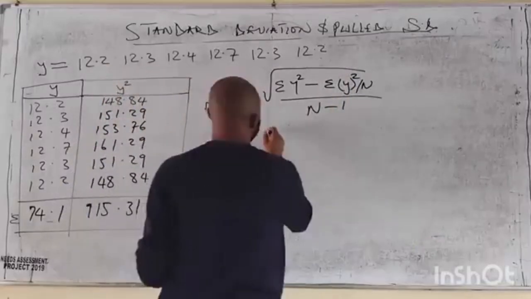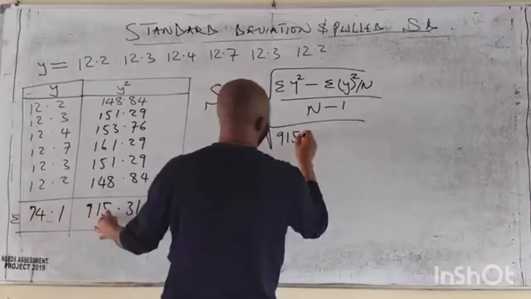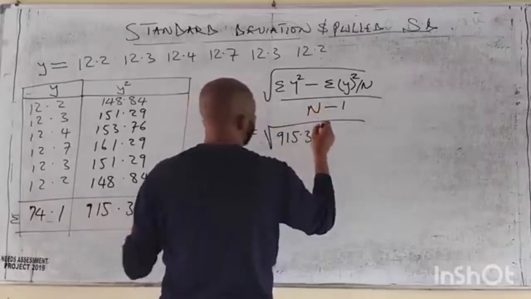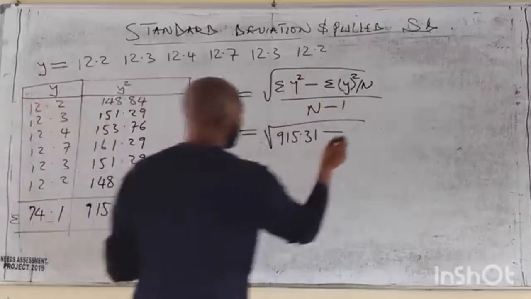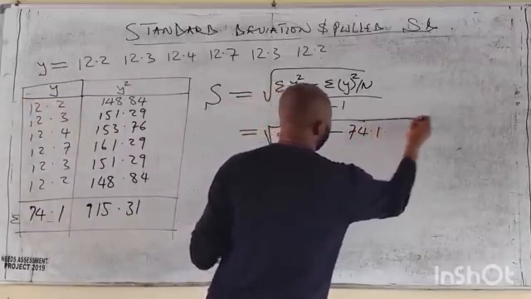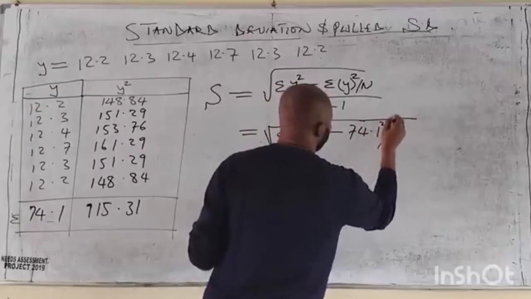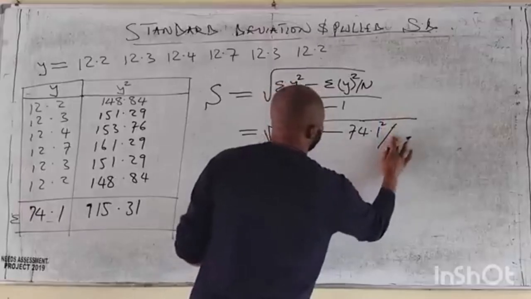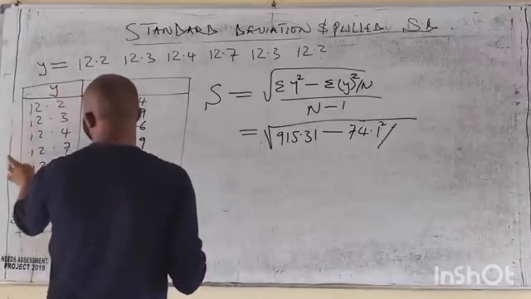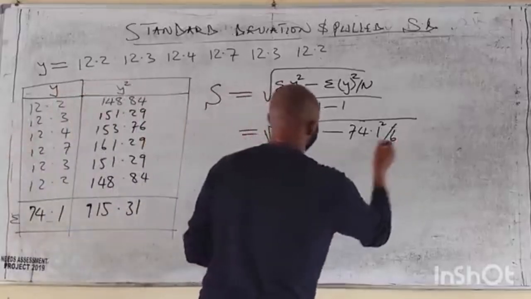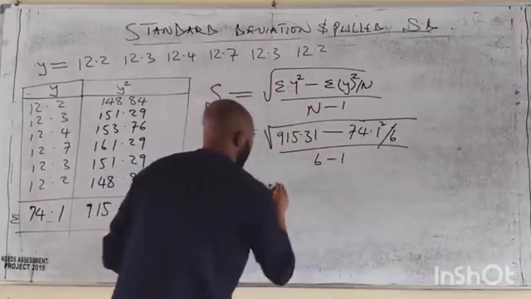It's 915.31, so I have the root of 915.31 minus the summation of y squared, which is 74.1 squared, over n. N is the number of degrees of freedom: 1, 2, 3, 4, 5, 6, over 6, all over 6 minus 1.